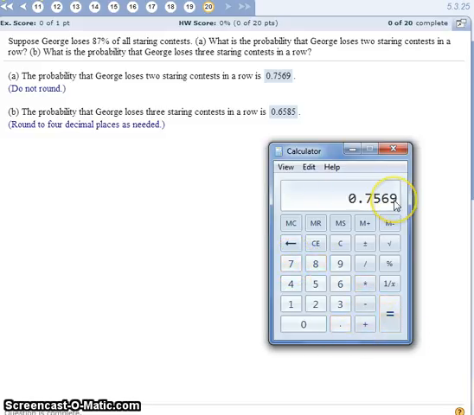And here's the probability of losing 2 in a row. The probability that George loses 3 in a row, we would just multiply by a 3rd staring contest, this 87% chance of losing. And so George has this probability chance of losing 3 staring contests in a row.